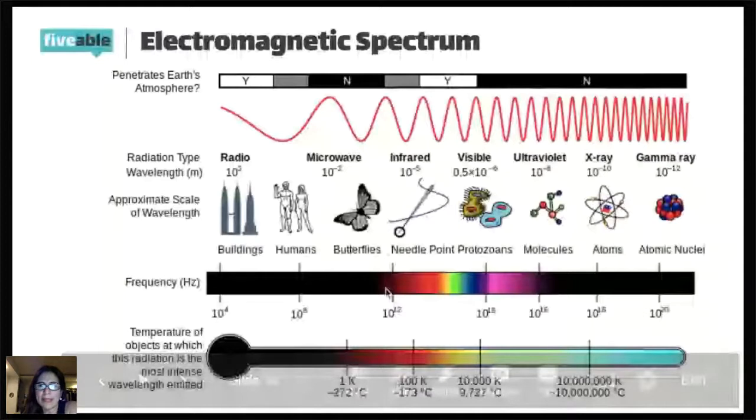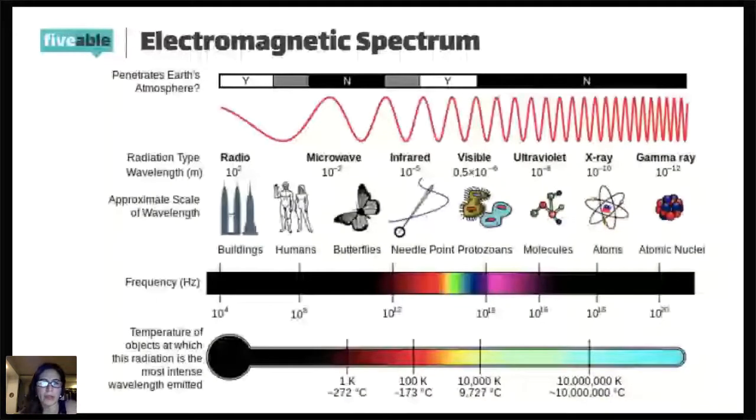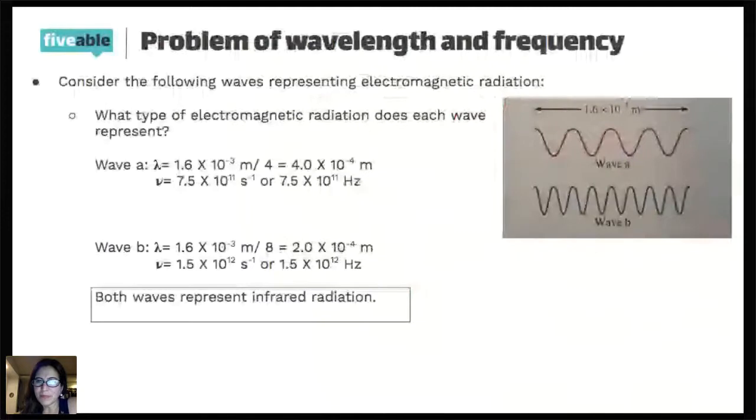So we can say that both waves represent infrared radiation. So you compare the waves to the electromagnetic spectrum. They're going to give you on the problems either the electromagnetic spectrum or specific values for frequency or wavelength. Any questions here?